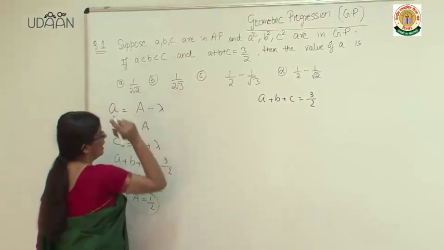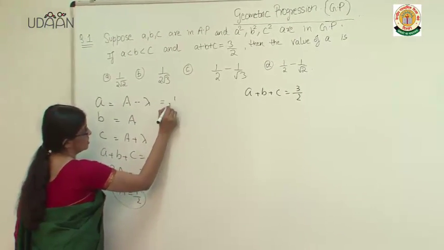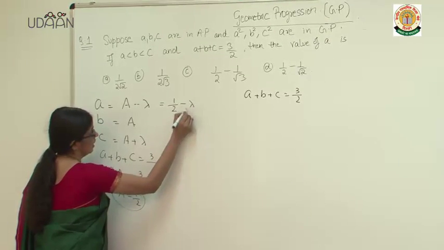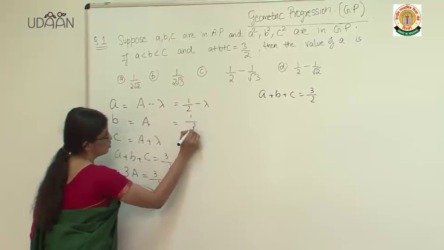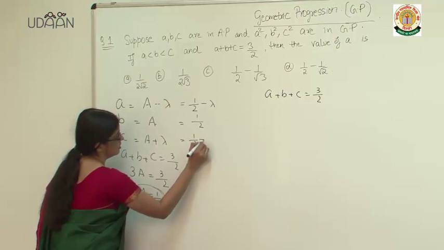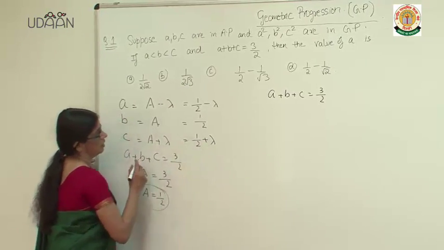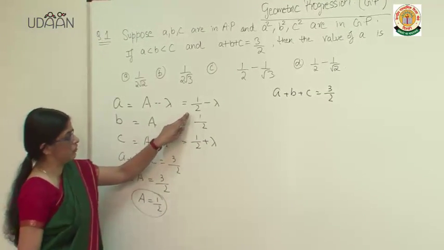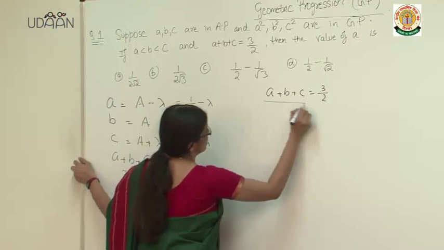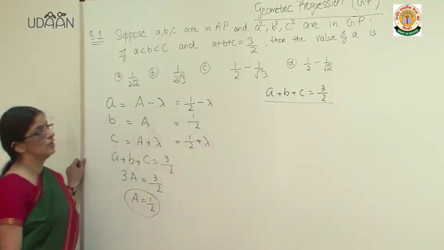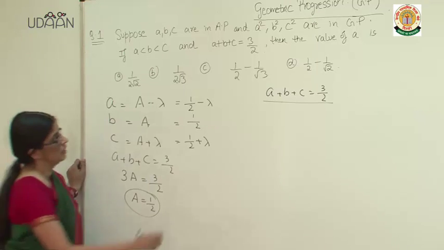So the numbers a, b, c can be written as 1 by 2 minus lambda, 1 by 2 and 1 by 2 plus lambda. We got these values by using the condition a plus b plus c equal to 3 by 2.